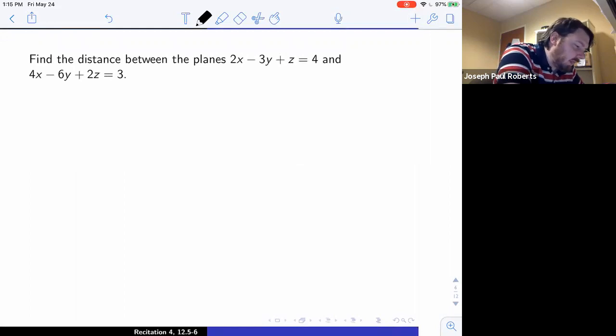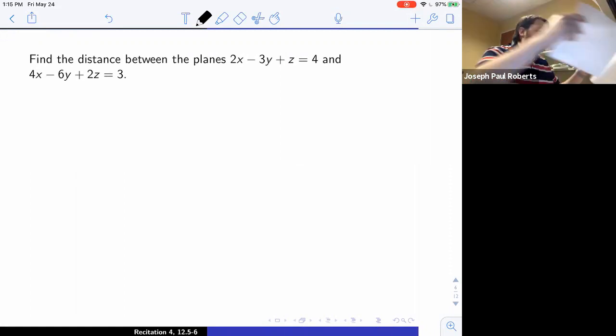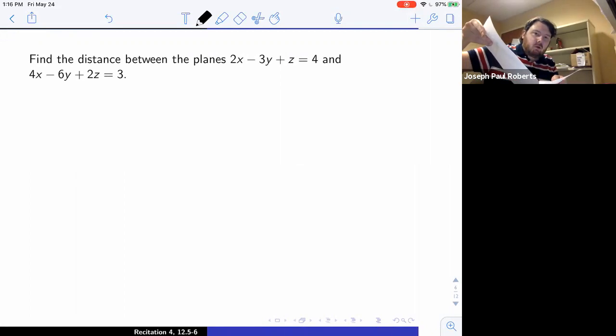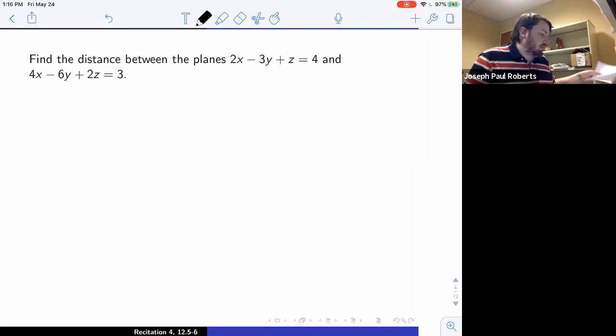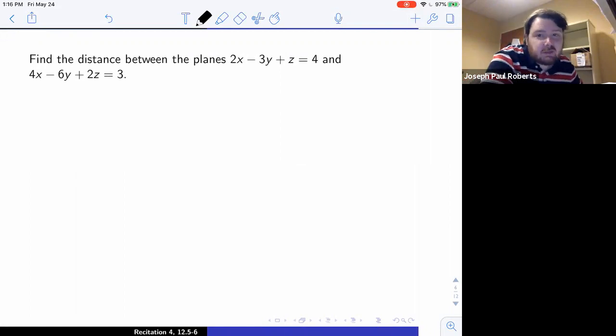Distance between planes. So with planes, there's two possibilities. Remember, planes can either intersect, in which case they look something like this, or they're parallel. If they intersect, then the distance between them is 0, right? Because there's points that they have in common. There's no separation between planes that intersect.